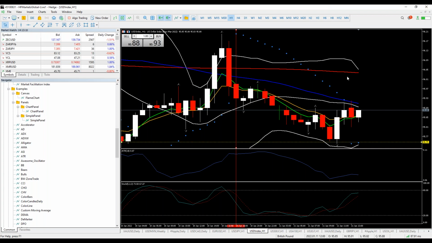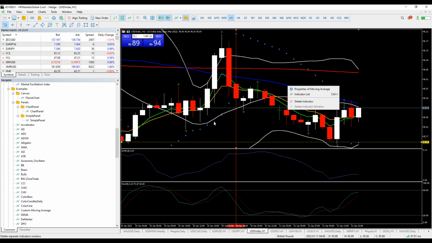So if you decide that you want to enter long on the dollar index, you are entering long, and ATR is at 7. So open the position, set your target, and then modify and set your trailing stop 7 pips away from the asset.